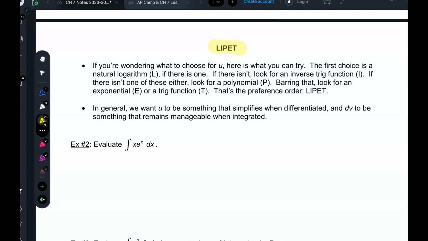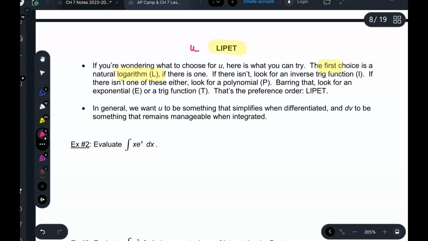So let's talk about what the L stands for. We're basically going from first choice to last, depending on what's in the actual integrand. So first, if you have a logarithm, we make that equal to u. So that's how we're choosing u.